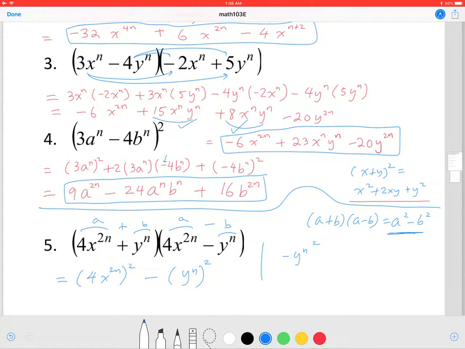So that parenthesis hopefully will ease up any confusion. So let's finish this off. So that's going to be 16x to 2n minus y to 2n. All right, and that's it for number 5 problem.